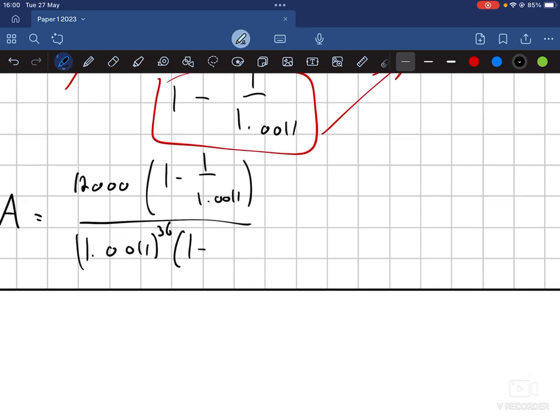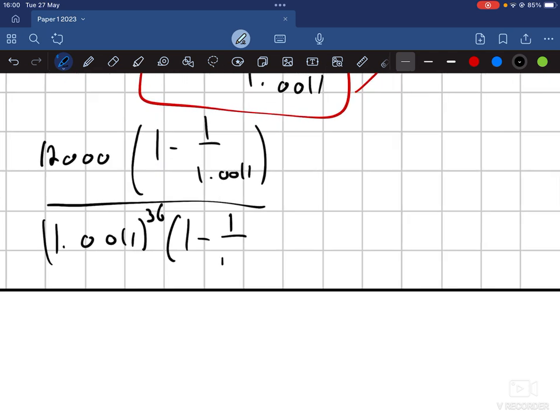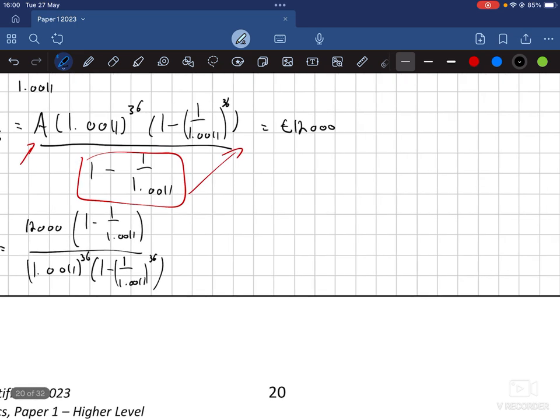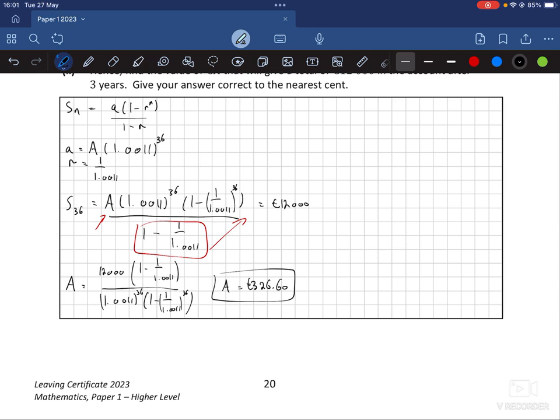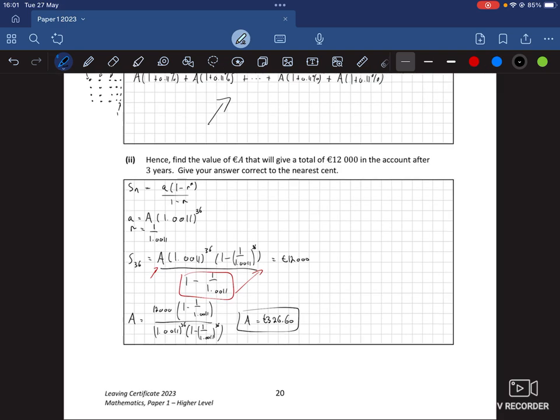And then divided by 1 minus 1 over 1.0011 to the 36. So you just do it opposite basically. And if you put that into your calculator and round it to 2 decimals, you will get 326.60. I believe. I'm just double checking. Yep. Yeah. Perfect.